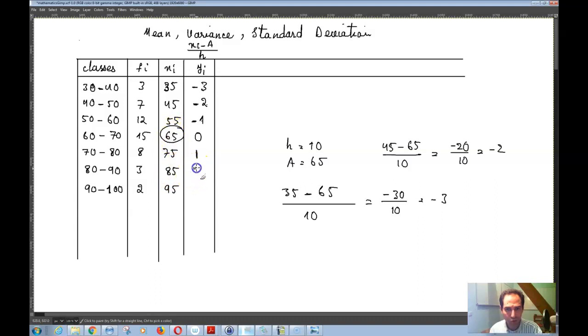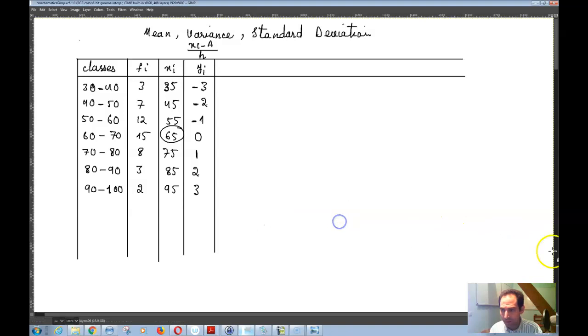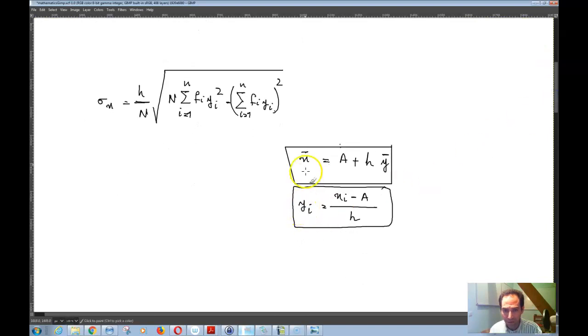Then 85, 2, and 3. So now the numbers are very small and very simple. That is my y of i. Now we said that x bar is equal to a plus h times y bar.